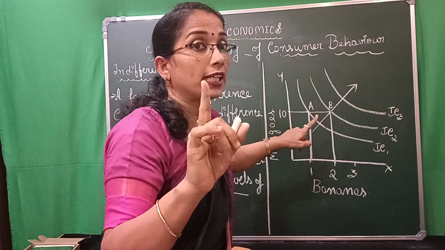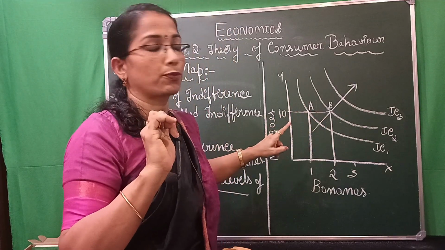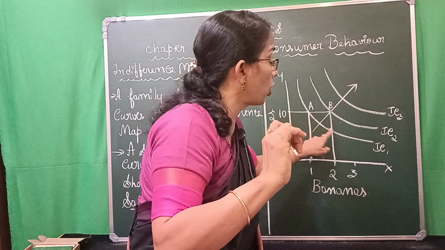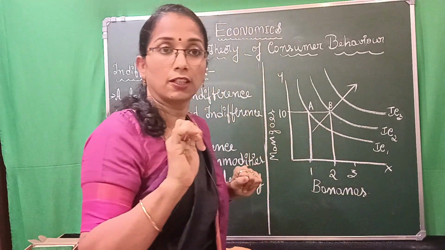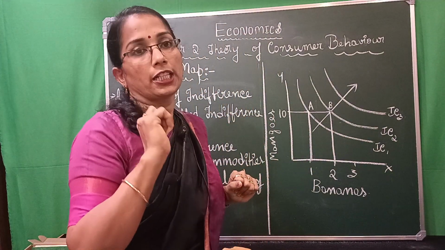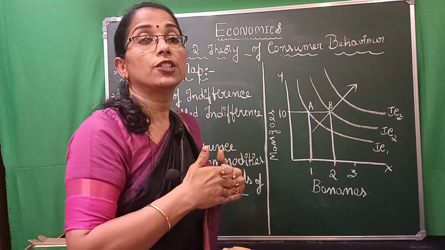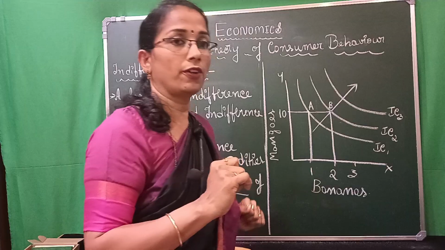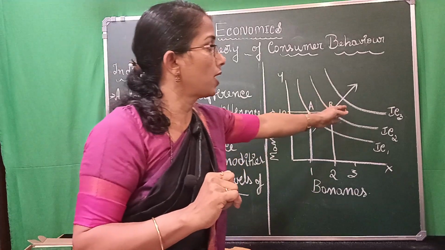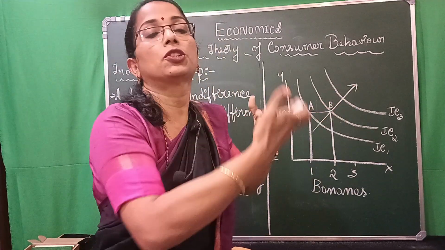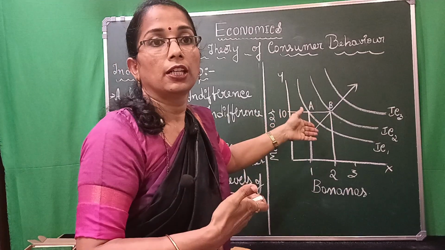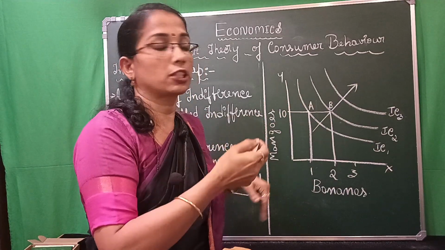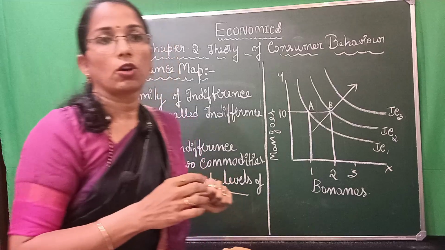Instead, it will give the same level of satisfaction, because points on the same indifference curve give the same level of satisfaction, whereas points on a higher indifference curve give a higher level of satisfaction. Suppose you mark here, this gives much better satisfaction than these two combinations.